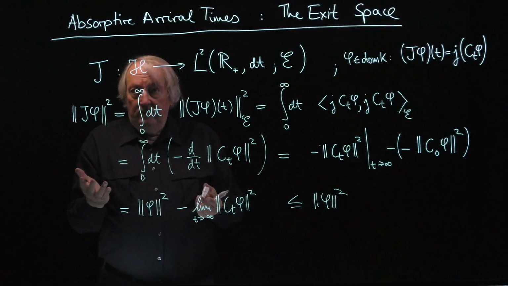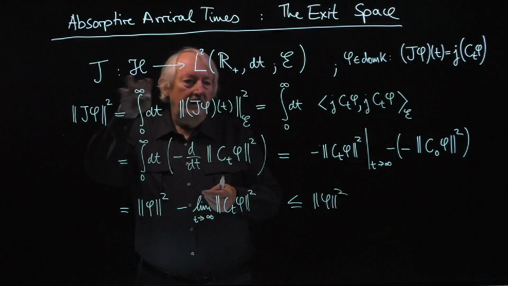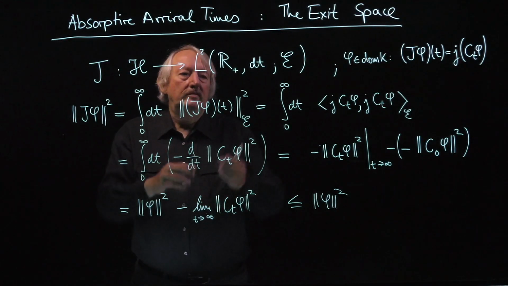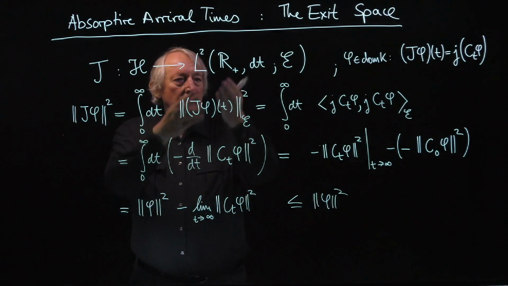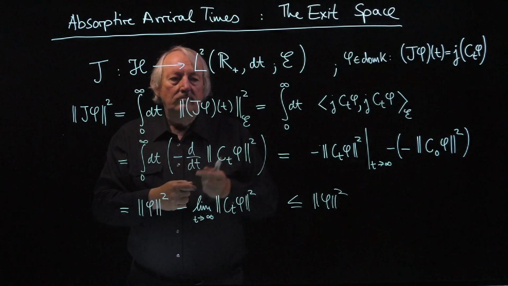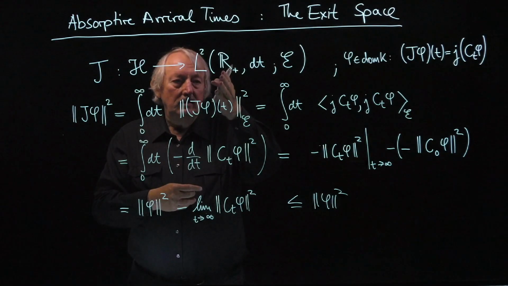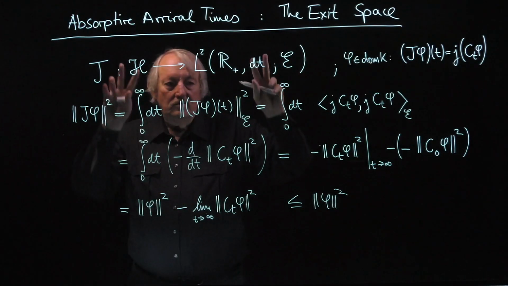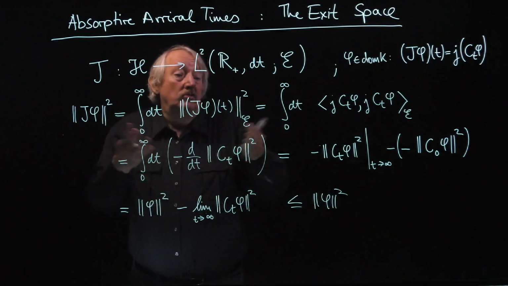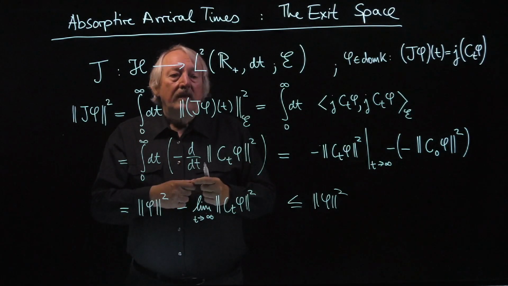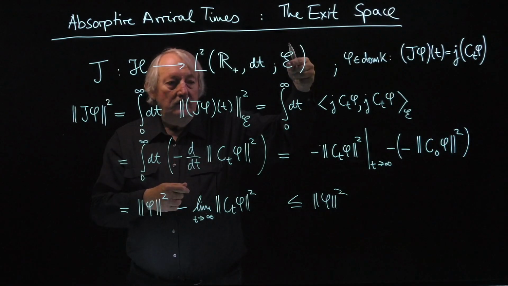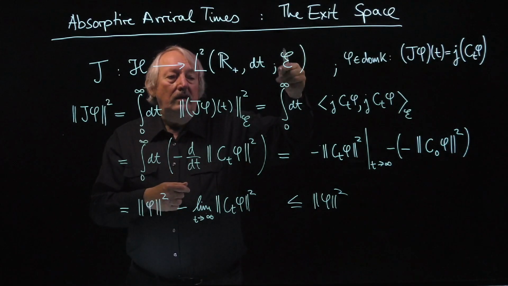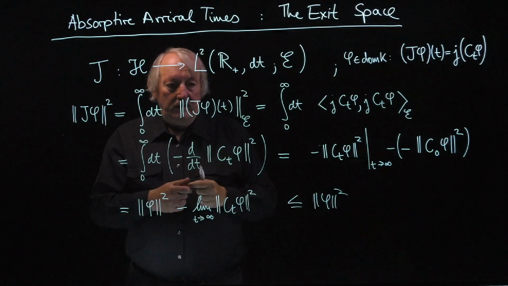Now, what do we get here? Any vector in the Hilbert space is now interpreted as a function of time, and we know this sort of space. In this kind of integration space, the position observable is just the arrival time. But then we also have this additional degree of freedom given by the exit space, and that is where we can say what we are measuring at arrival.